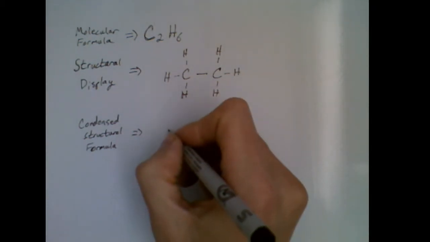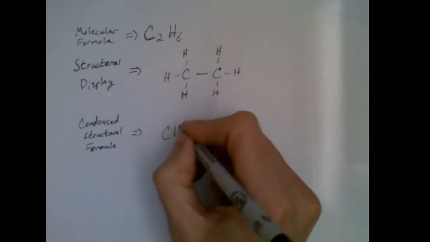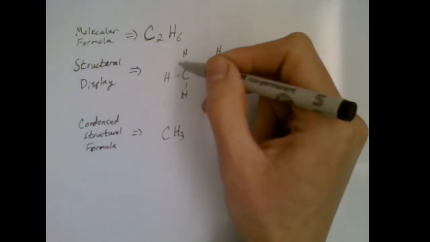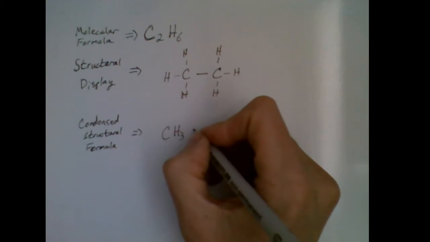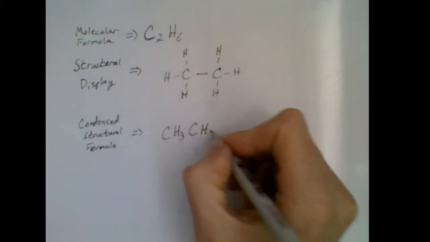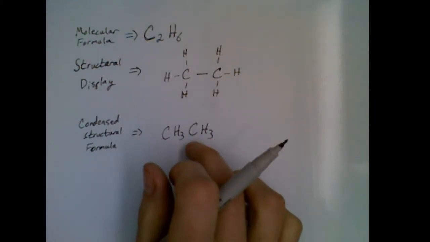So in this case, we would go C, and then we count up how many H's are around it, and we would go CH3. What we're really doing is just representing this carbon and what it's connected to. And then we would say it is also connected to a C, also with 3 H's. So this would be my condensed structural formula.